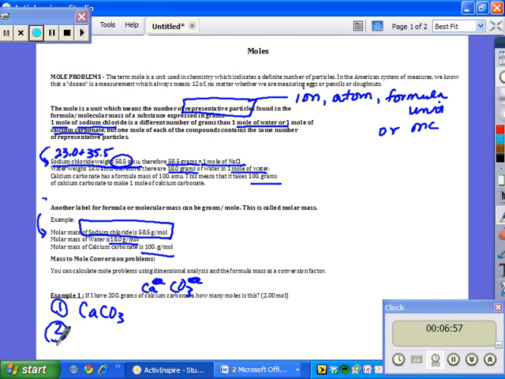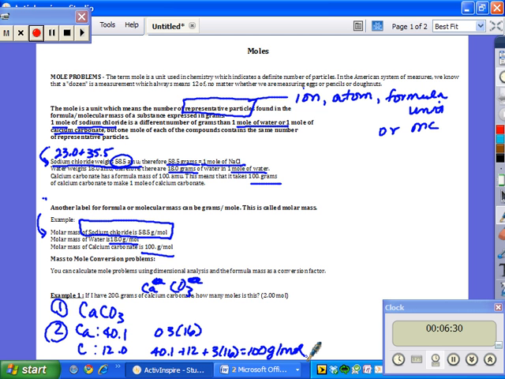There's 1 calcium at 40.1, 1 carbon at 12, and 3 oxygens at 16. So when I add those all up, 40.1 plus 12 plus 3 times 16, I get 100 grams per mole. That means if I had a mole of it, the mass would be 100.